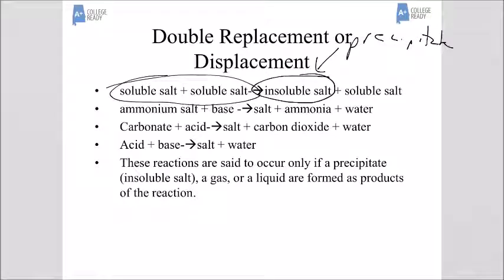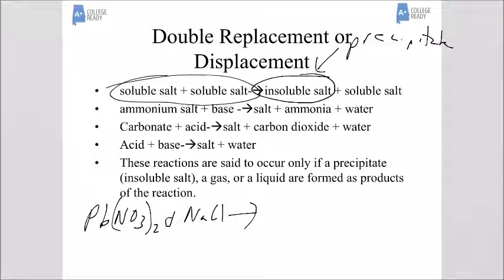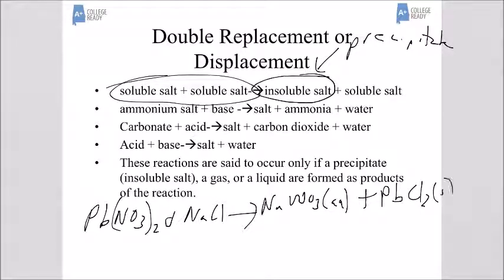For example, we might have lead 2 nitrate plus sodium chloride. These react, they switch partners, the cations switch places. We get sodium nitrate, which if we check our solubility rules is aqueous, and lead 2 chloride, which we find is not aqueous. This is a solid. It's going to precipitate.